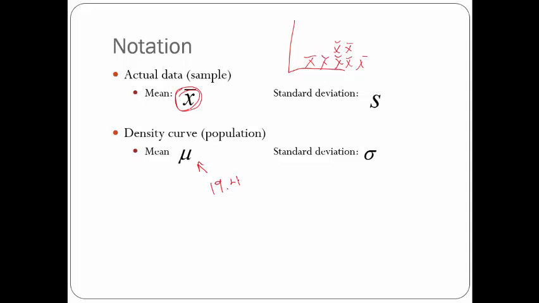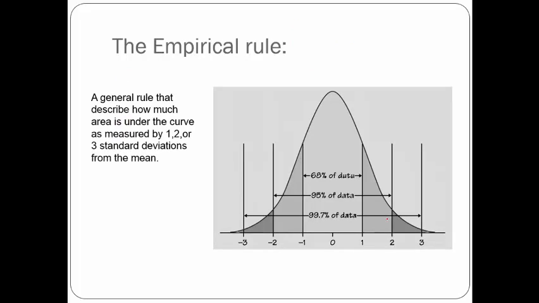And there was a true standard deviation, which is the average distance from the average. In other words, if we were to take every single one of those 100 observations, figure out how far each one of them was from the mean of 19.4, and average all those together, we'd have our standard deviation. It's a great measure of spread, and it becomes very, very useful as we continue to move forward.